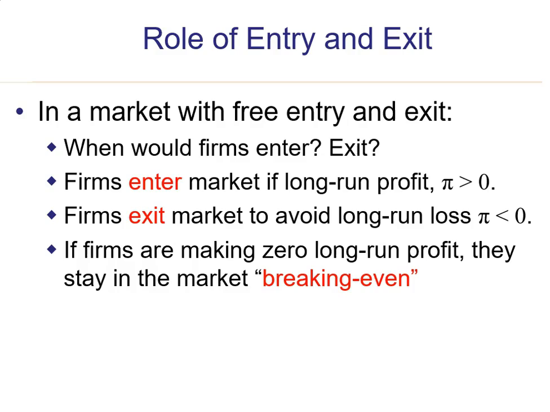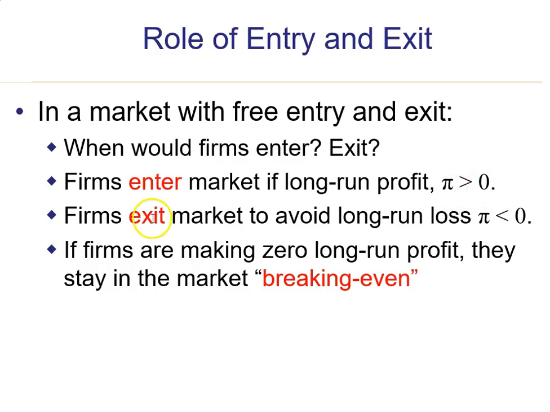And here, then, is the role of entry and exit. We assume in competitive markets that firms have free entry and free exit. This is where it is important in the long-run market supply. So when would firms enter? We just mentioned that previously. Firms enter if there's a long-run profit being made, if profits are bigger than zero.